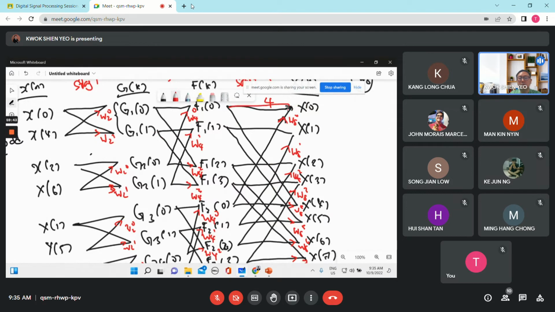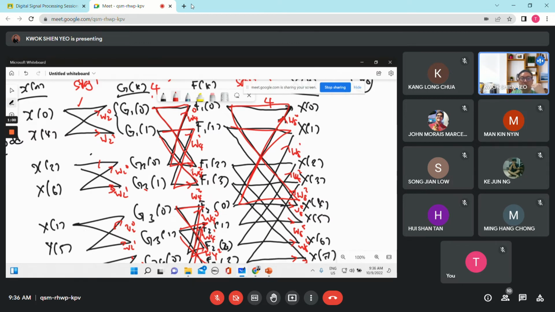You see, this is 1, right? 2, hard to see, but there are 4 butterfly structures in this stage. And then this stage also got 4: 1, 2, 3, 4, right? And then here also got 4: 1, 2, 3, 4. So there are a total of 12 butterfly structures altogether, 3 stages for n equals 8.